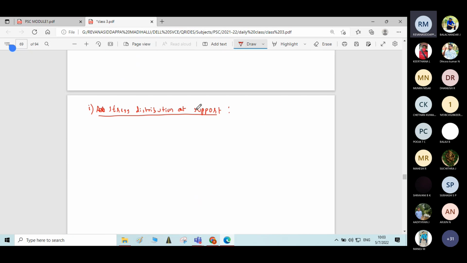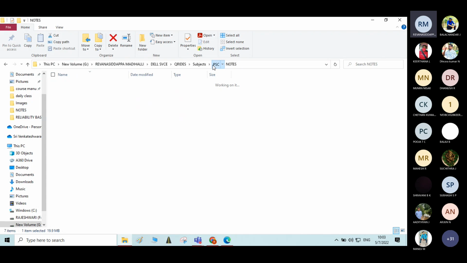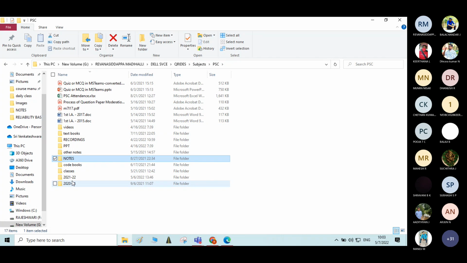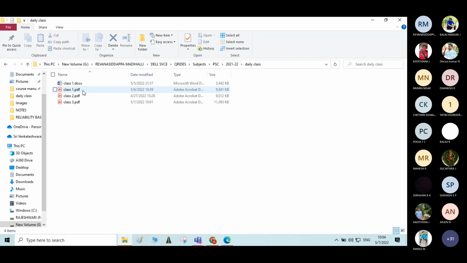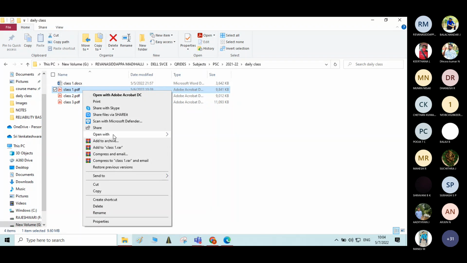So at support, eccentricity e is equal to 0 and M is also equal to 0. Now we know the formula for finding the stresses at the bottom fiber and the top fiber, F superior and F inferior formula. Let me open the formula.